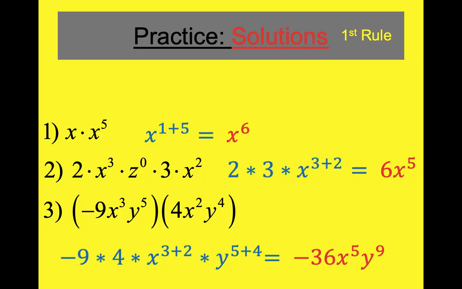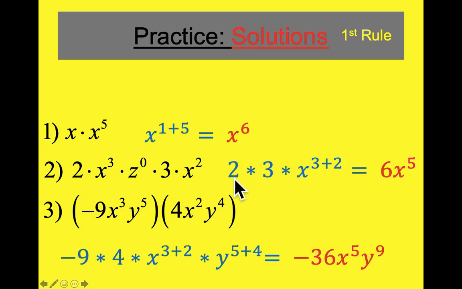All right, so hopefully you're finished with these. This first one is relatively simple. A single x is really x to the 1st. So we have x to the 1 plus 5, and that gives us x to the 6th for number 1. For number 2, we're going to gather up the numbers, so the 2 times 3.